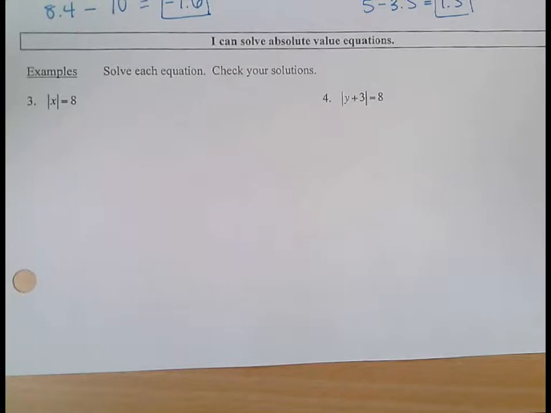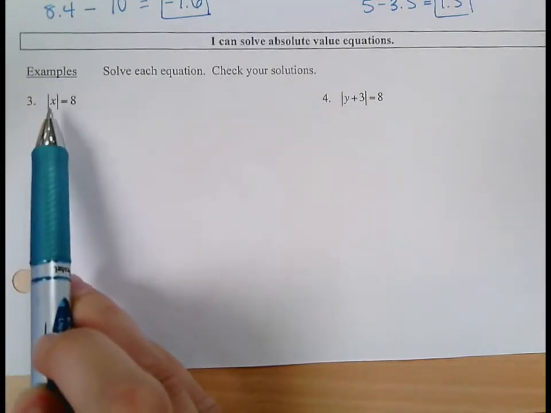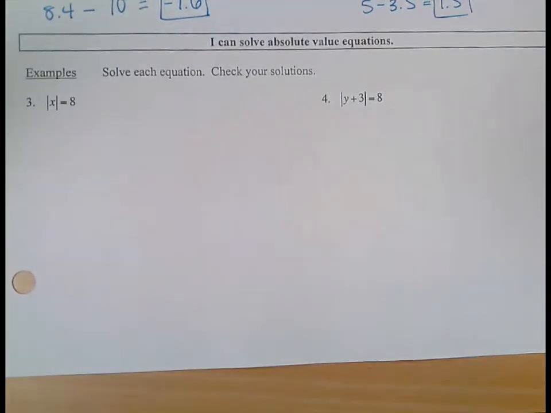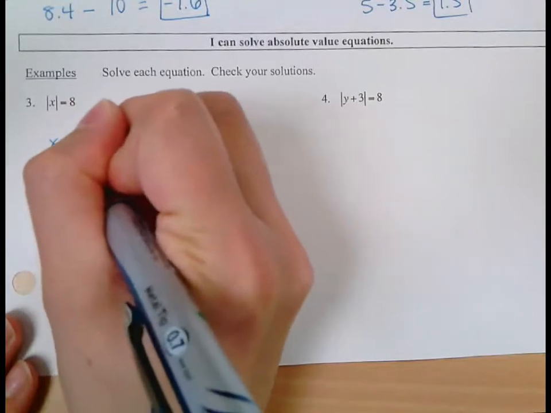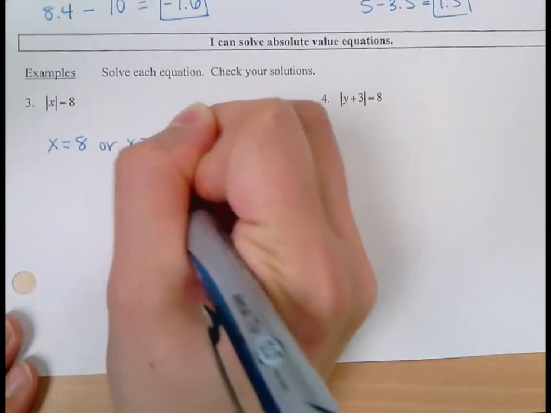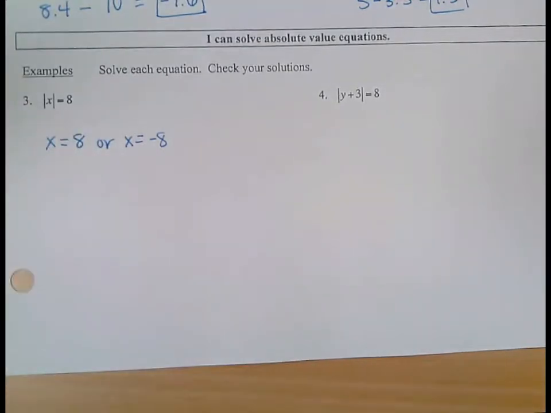So if we look at example 3, we have the absolute value of x is 8. And we talked about the absolute value meaning the distance a number is from 0. So this is saying the distance x is from 0 is 8, what could x be? 8 or -8. So both +8 and -8 have an absolute value, or a distance from 0, of 8.